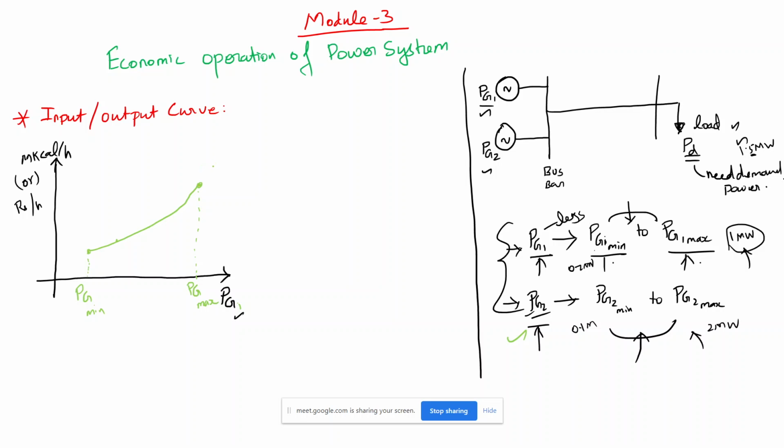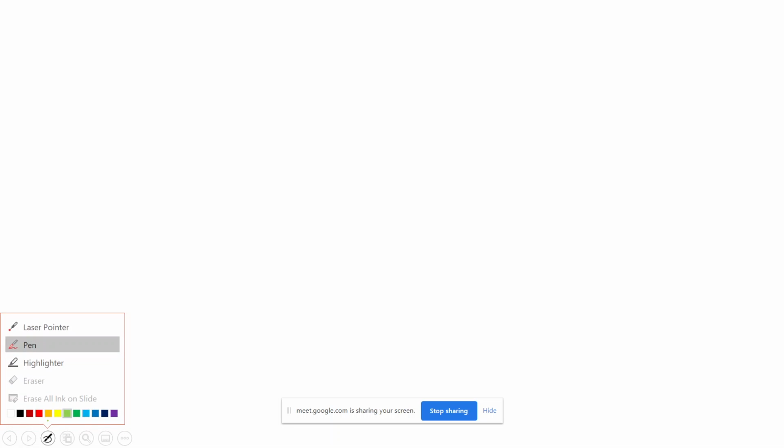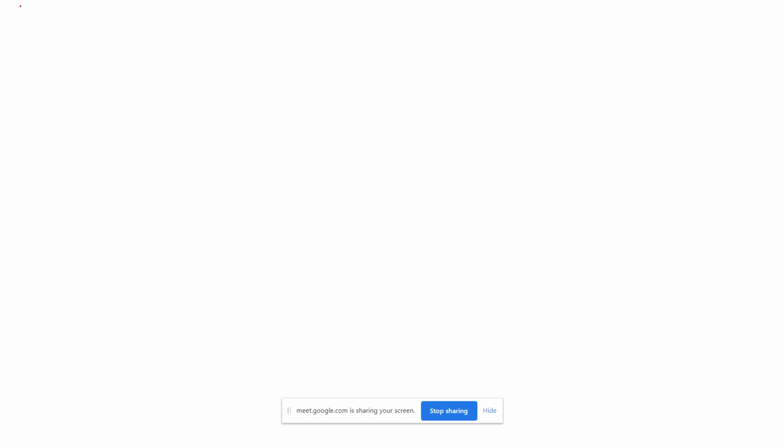And one more curve we need to know is the heat rate curve. The heat rate curve is between, here also, Pg only, that is the power generated, and here it is the heat rate.